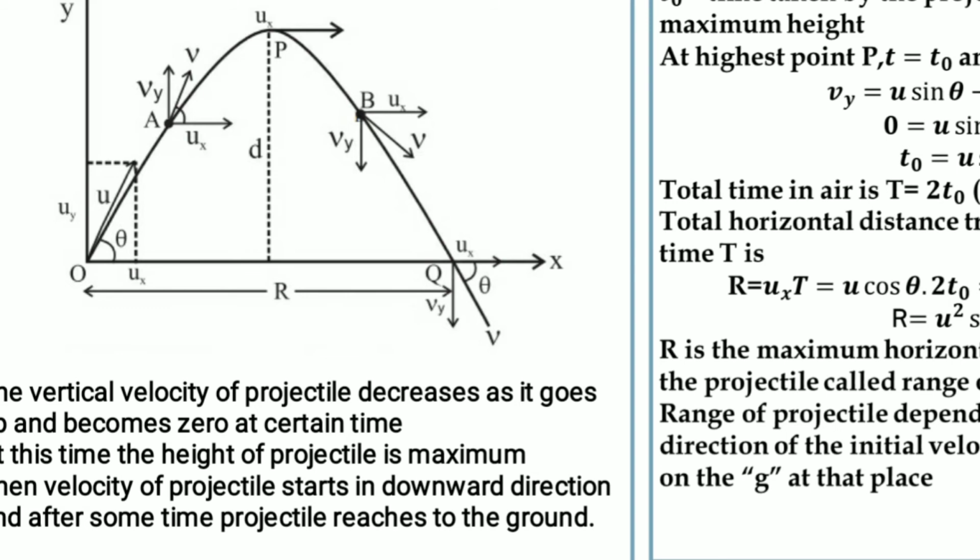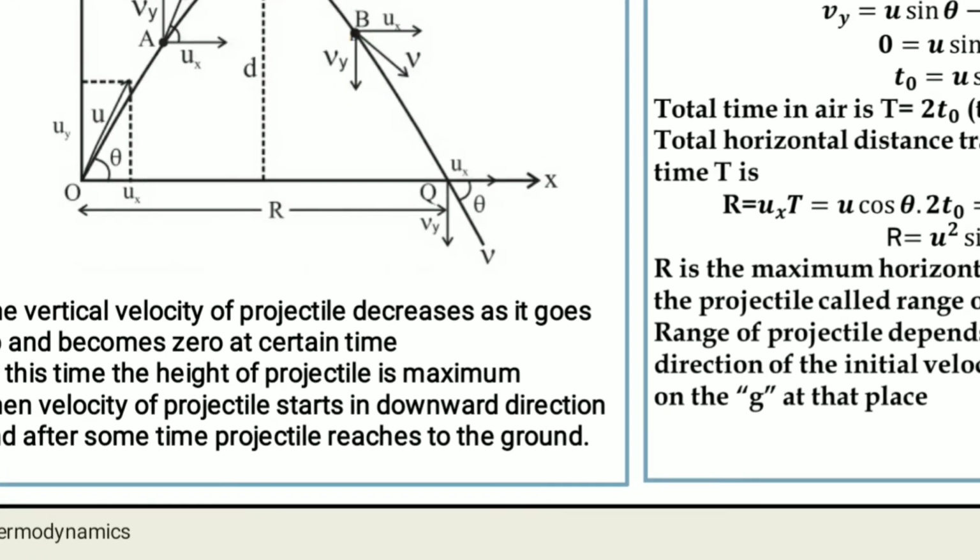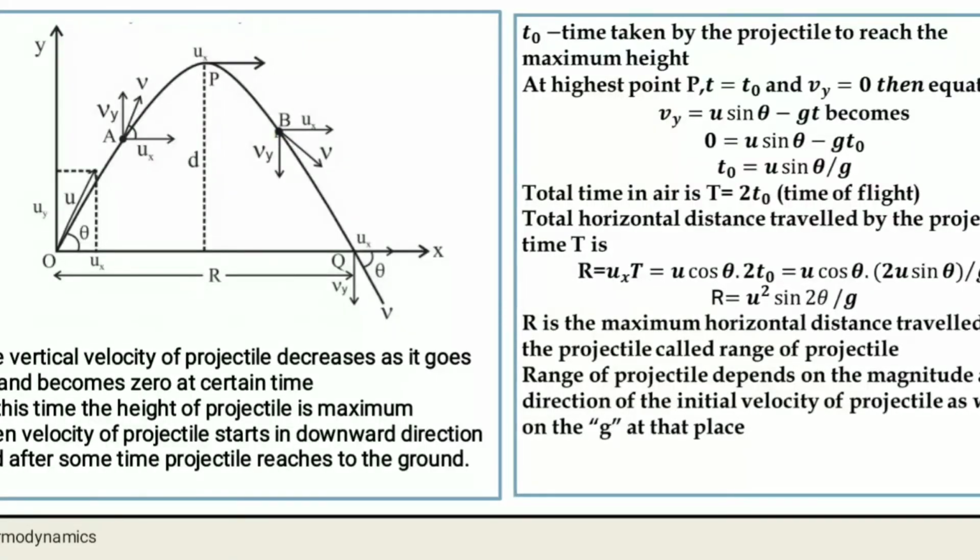If you have thrown a ball towards your friend, it will reach some particular height after some time, and that height is called the maximum height of the projectile. As you can see in the diagram, at point P, if the object has reached it, that is the maximum height of the projectile. Then the velocity of the projectile starts in the downward direction, and after some time the projectile reaches the ground. As you can see here, firstly the projectile is going up, and after that it will come down.